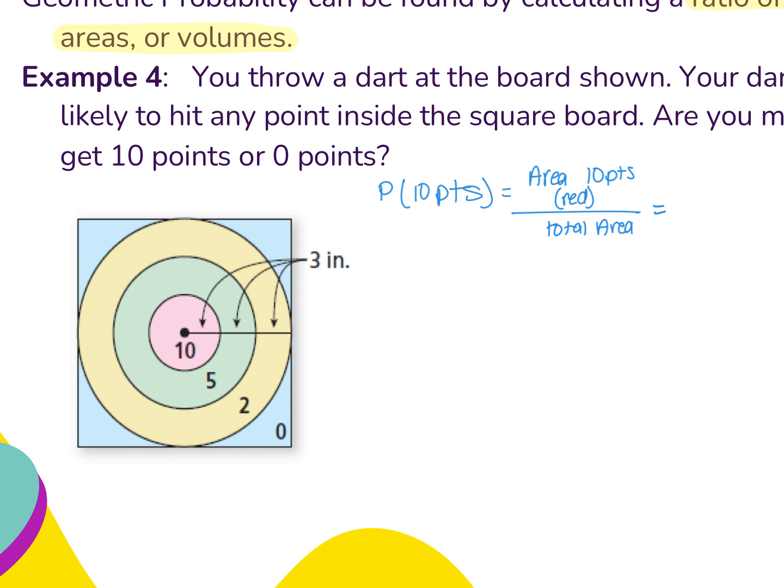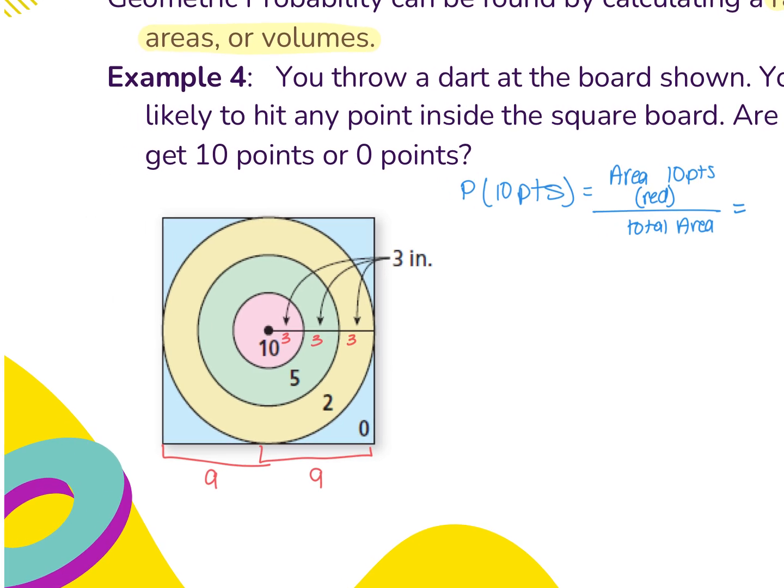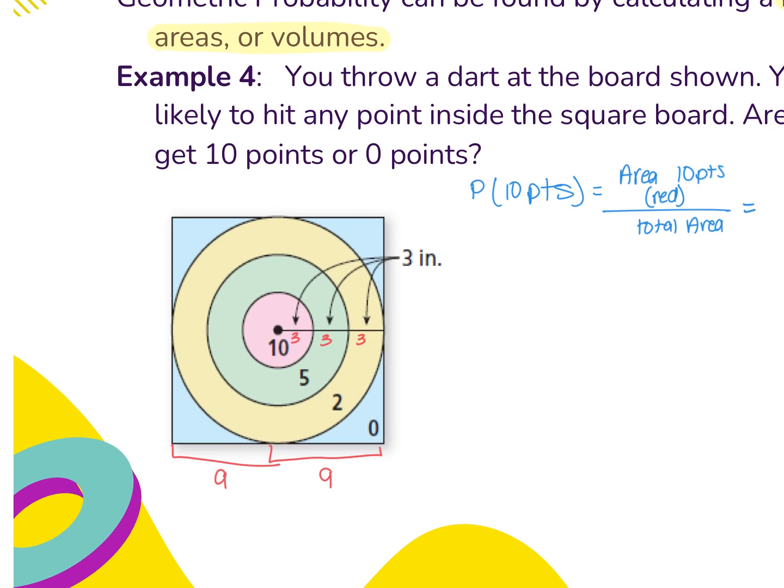Length times width, base times height, however you want to think about it. I know that because this is 3, this is 3, this is 3, which makes my radius of my square 9 and my diameter 18.